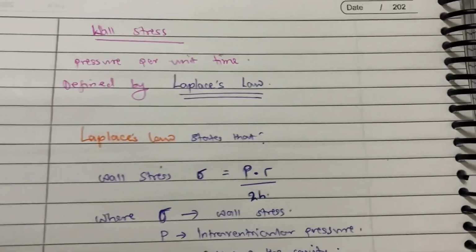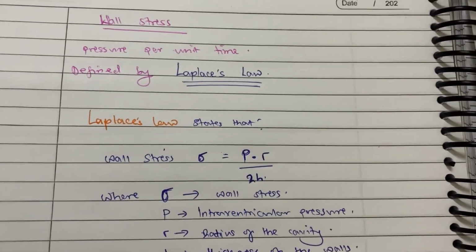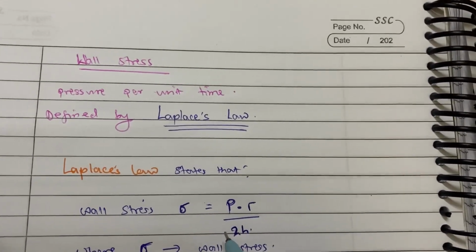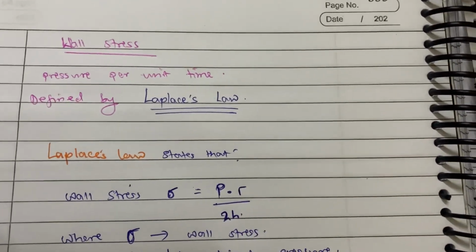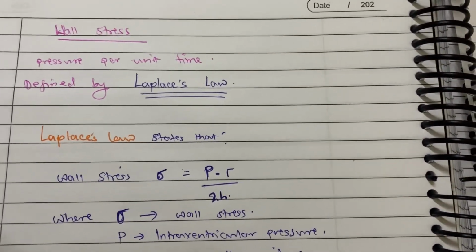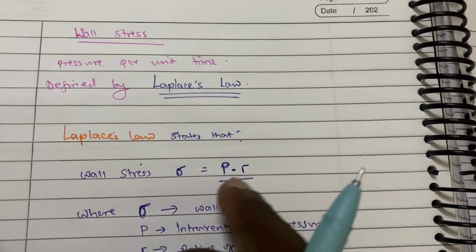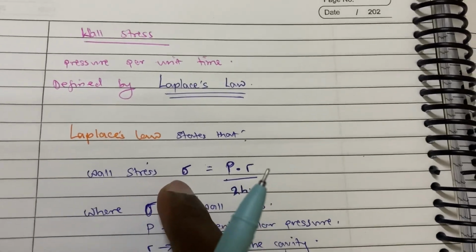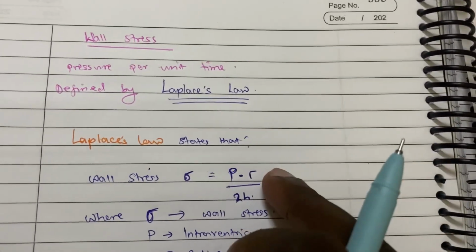So from here we can see that wall stress is directly proportional to pressure and radius. When pressure increases, wall stress increases. When radius increases, wall stress increases.